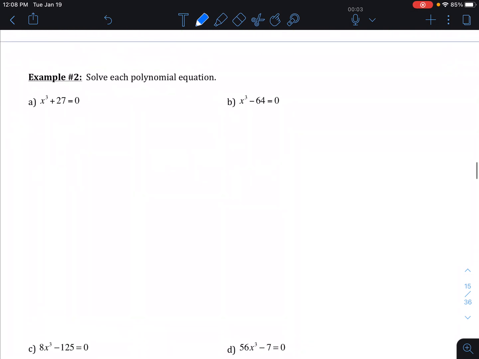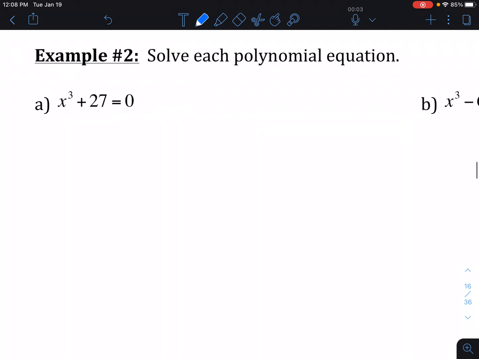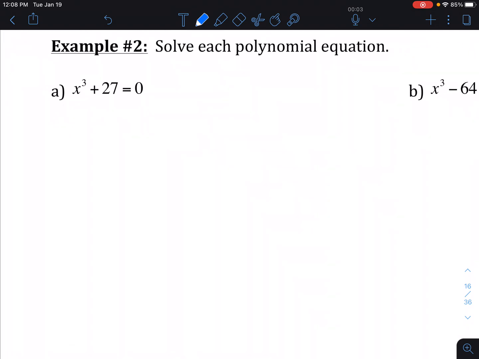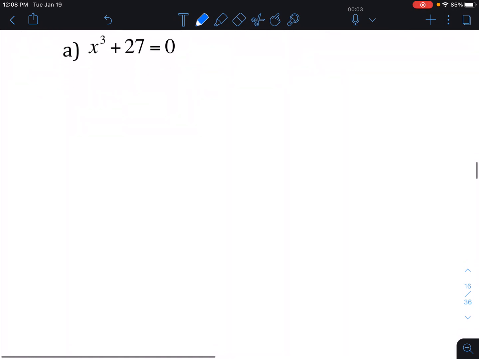Okay, next up, we're going to go into some solving now. So we're going to take what we just learned and really ramp it up. We're going to learn our new way of factoring to now solve equations and find out what x actually is. You definitely want to write small here because of when we're going to be solving. The factoring itself is going to be not much work. The solving the trinomial, we're going to have to be using the Pythagorean theorem.